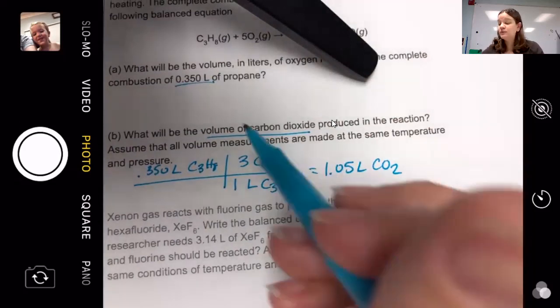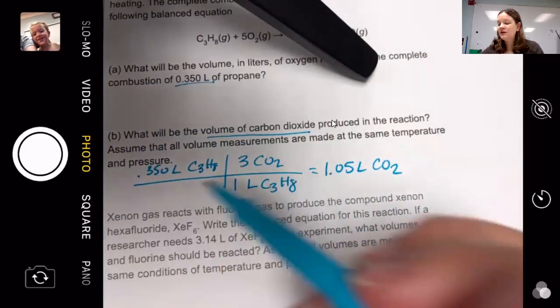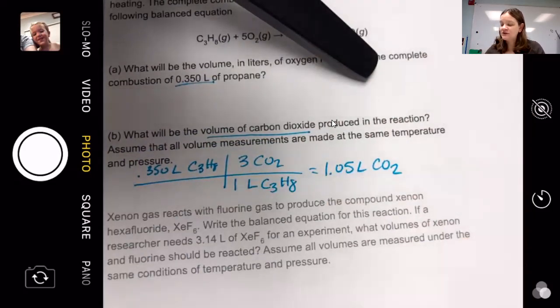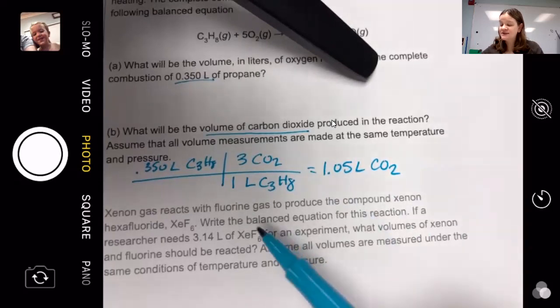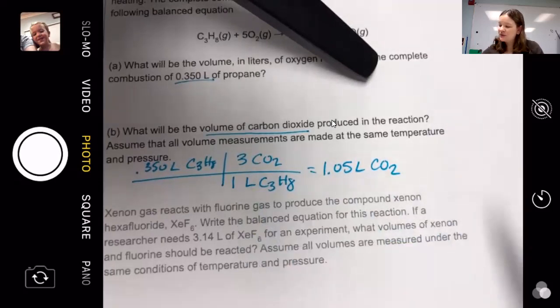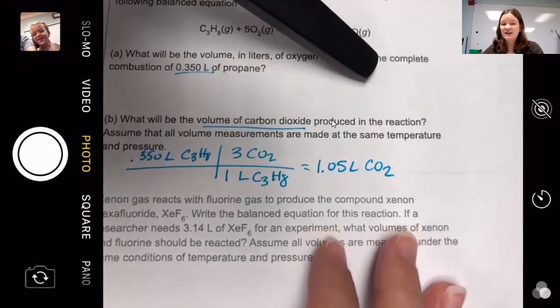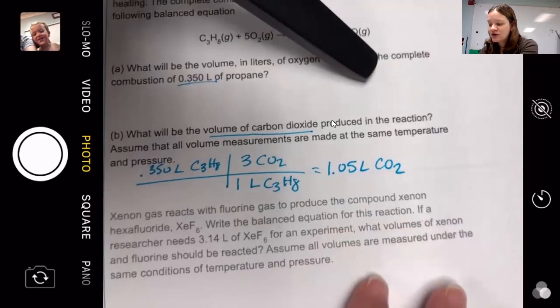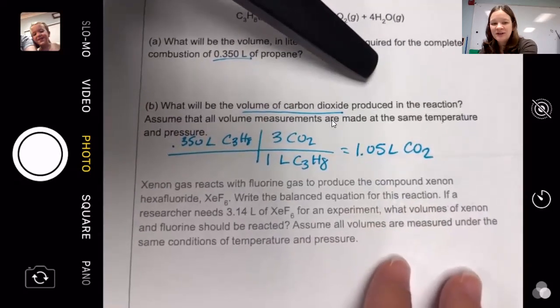So you should pause at this point and attempt the next one down here. It's weird just because it uses xenon. So you first need to write the balanced equation. You might want to start by writing out an equation and then come back and check and see if you wrote the correct equation before you move on.